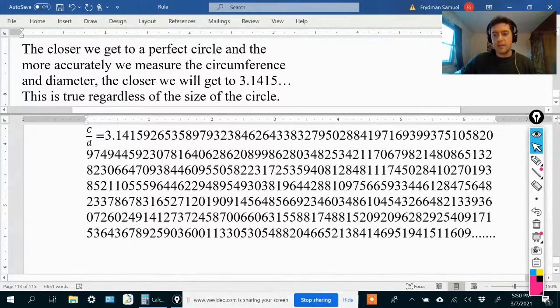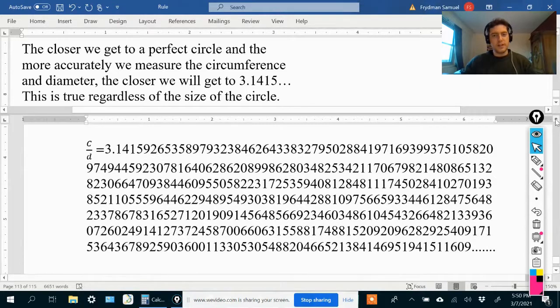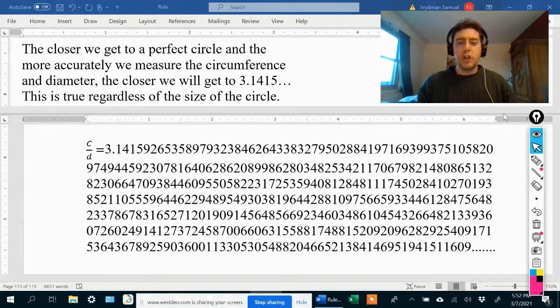So again, the circle that I had was not perfect, and I didn't measure it perfectly either. But the closer we get to actually having a perfect circle, and the more accurately we measure the circumference and diameter of that circle, the closer we will get to this number over here when we divide the circumference by the diameter.